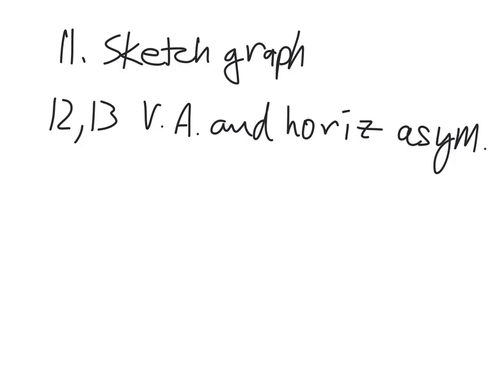But if the degree in the numerator is less than the degree in the denominator, then y equals 0 is your horizontal asymptote. And now in class we did a little activity. If the numerator has a higher degree than the denominator, then that's an oblique asymptote. But oblique asymptotes will not show up on the final, so don't worry about those.